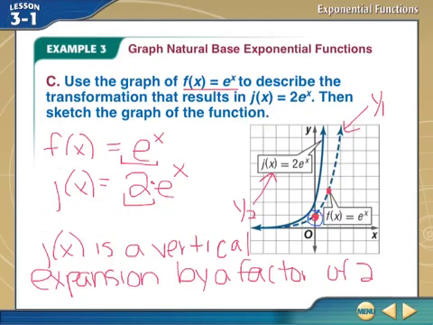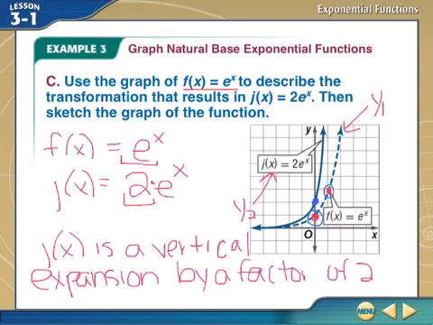So right here on f of x, I have a y-coordinate of 1. On the j of x function, that would be a y-coordinate 2 times bigger. On the f of x function here, my y-coordinate is 3, and it would be double that on the j of x function.